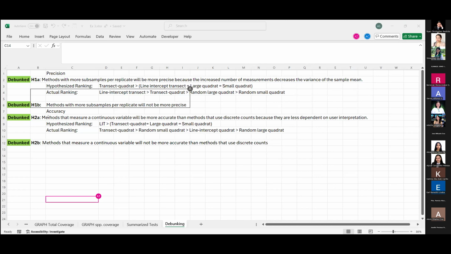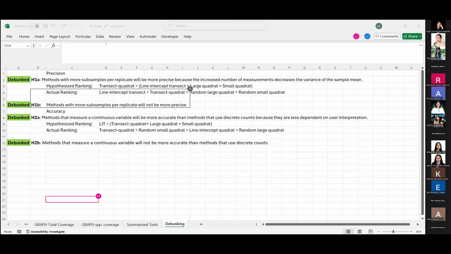Here po. The first one's precision, second is... okay, let me just check. With more subsamples. Okay, similar suggestion to Group 2: to make your debunking a little bit more efficient, 2 statements lang instead of 4 per feature.